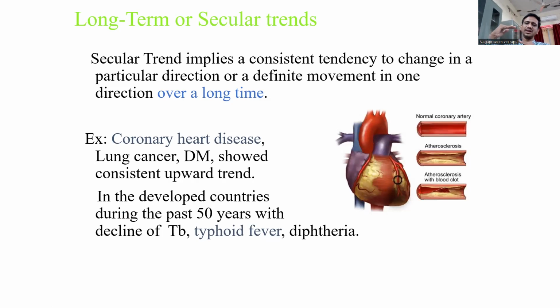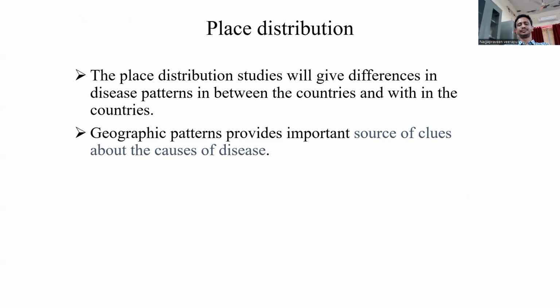Definitely, consistently, the graph is moving in a certain direction. Over a prolonged period, 40 or 50 years, it takes time to show its trend, gradually increasing or gradually declining. Classical examples are coronary heart disease, lung cancer, and diabetes, which constantly show an upward trend. In developed countries, over 50 years, there is a declining trend of infectious diseases like tuberculosis, typhoid fever, and diphtheria.